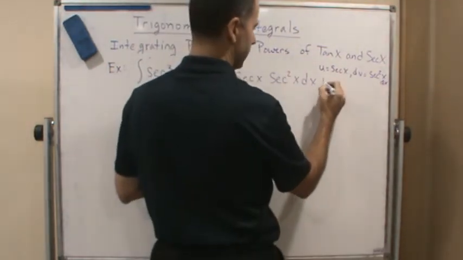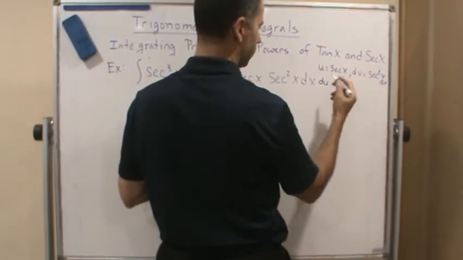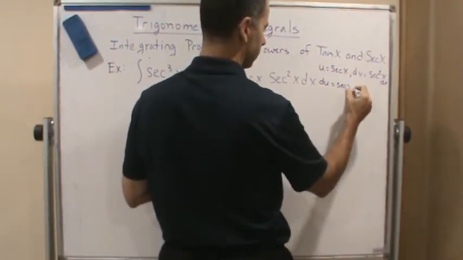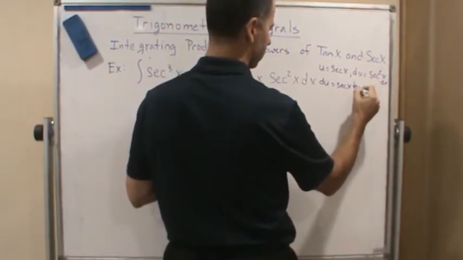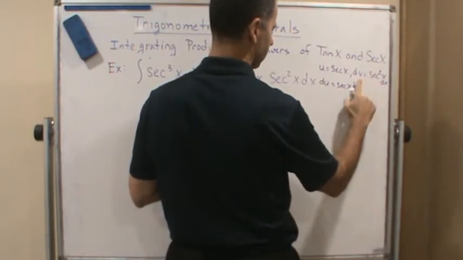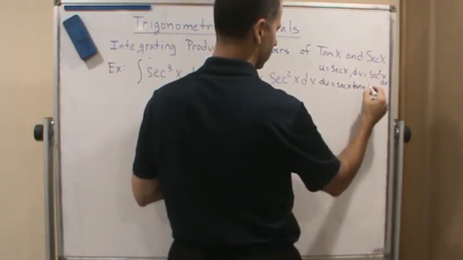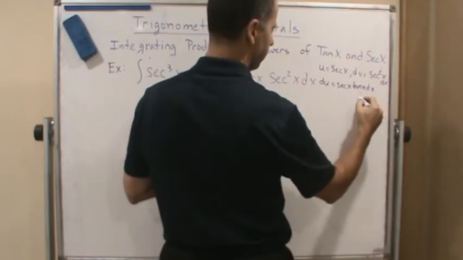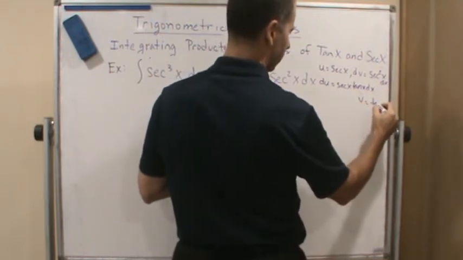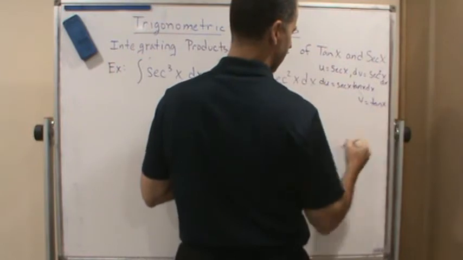And so now du is going to be equal to secant tangent x. And then v is going to equal tangent x.